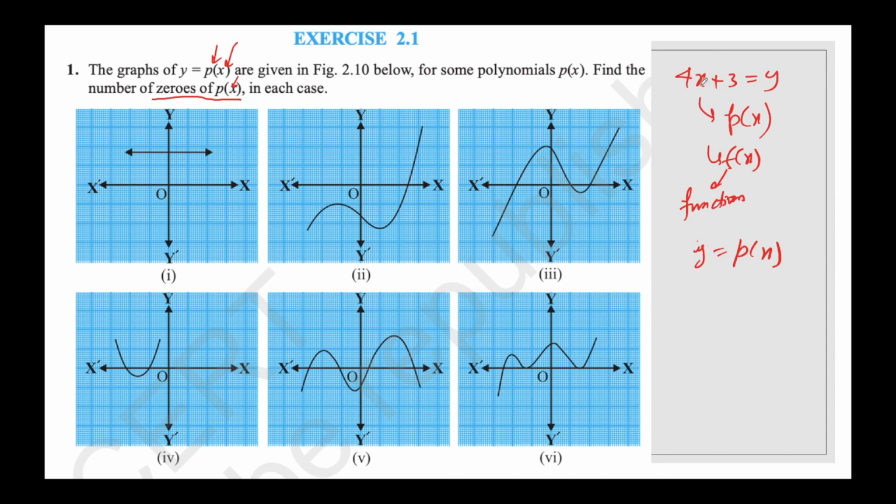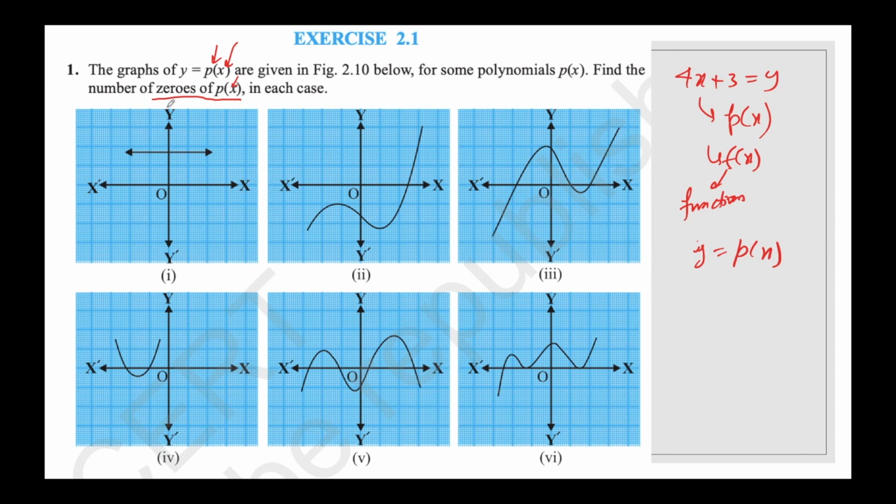But when I need to find it using the graphs, then I need to find out how many times that curve is cutting the x-axis. Alright. This is the x-axis, this is the y-axis. So I need to find out how many times the curve is cutting the x-axis. That's a simple thing that I need to do over here.